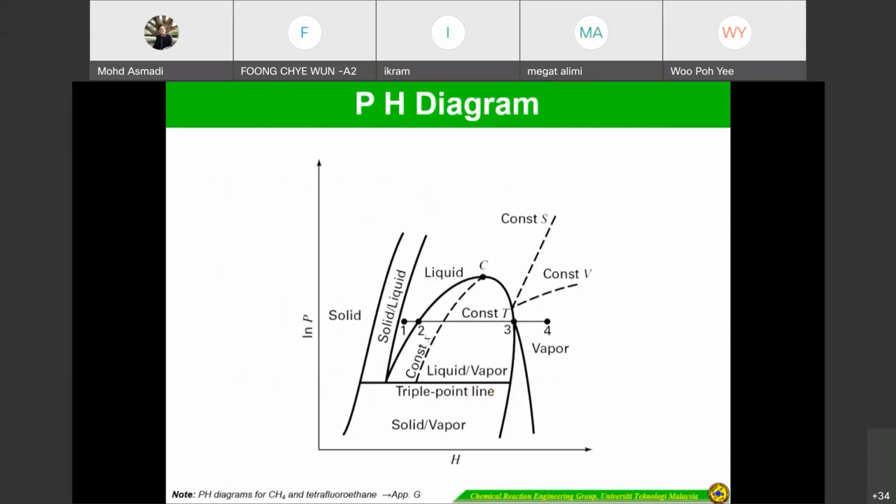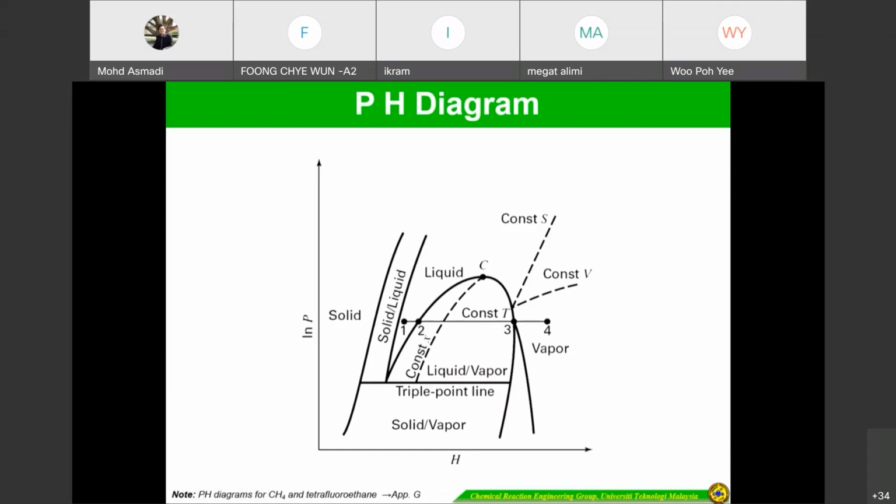So this is an example of the PH diagram. Once you know the pressure, you can determine the enthalpy directly. I think you can find this for CH4 and also tetrafluoroethane. This is in Appendix G. This is pressure, not ln P. You can determine the enthalpy directly from this diagram.